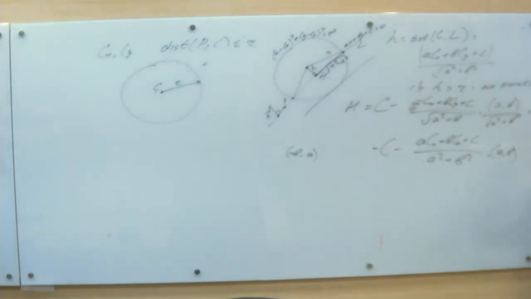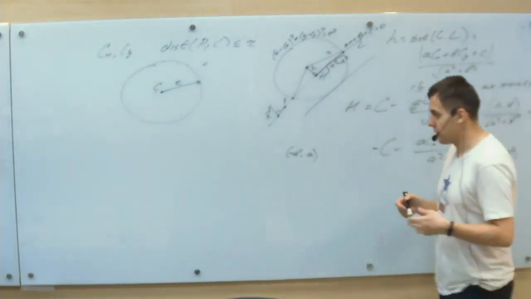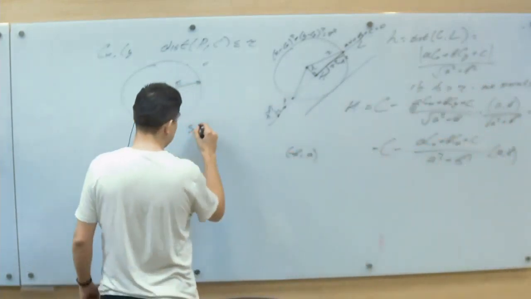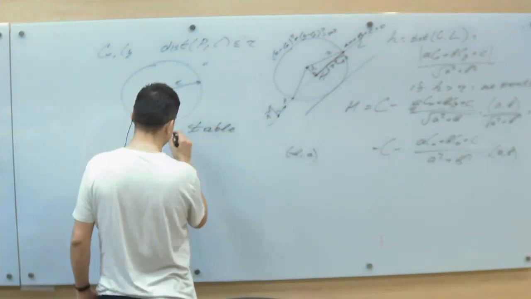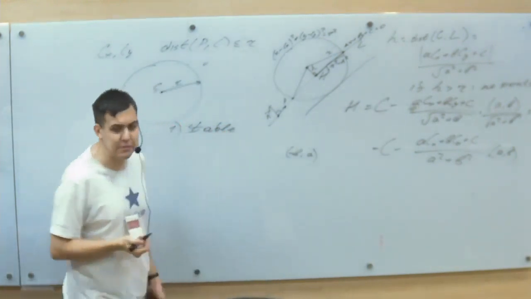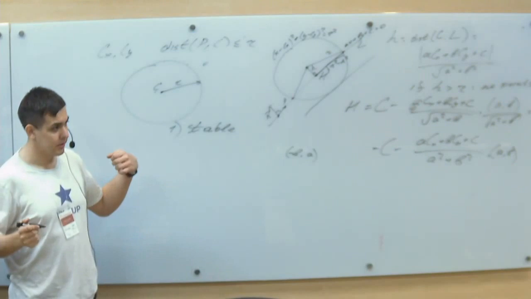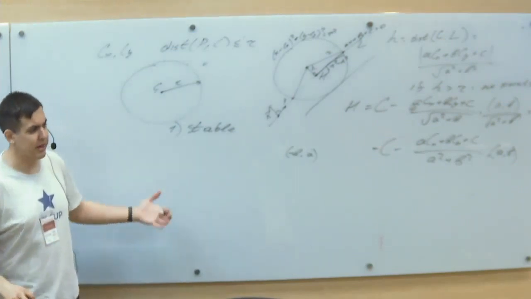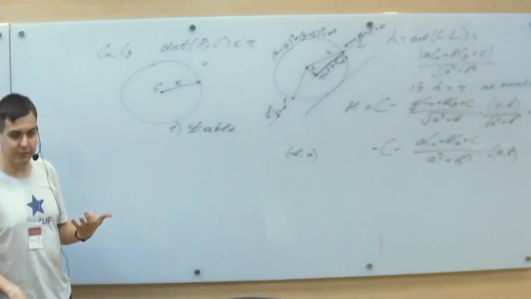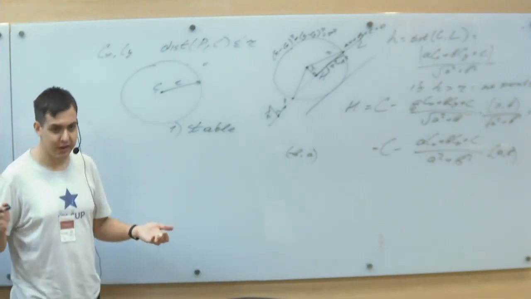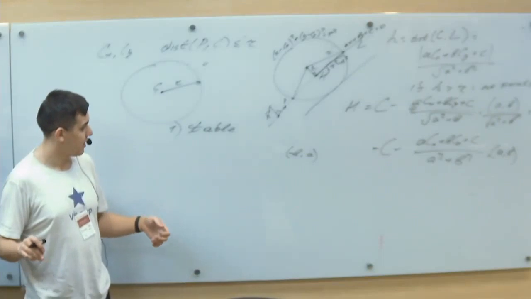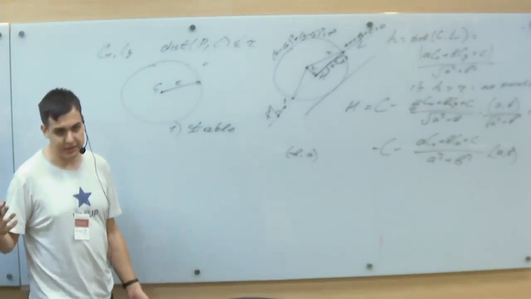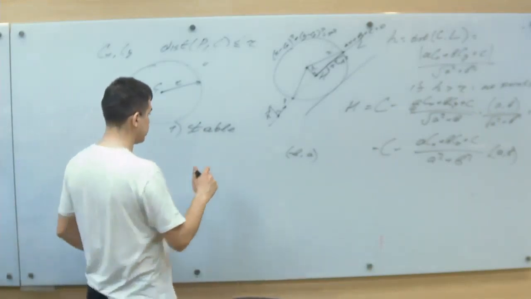So there are two kinds of problems. They are called stable and unstable. So stable problems are the problems where usually you need to print some real number. So for example, print the area of the intersection of two polygons, or print the length of some segment inside the polygon. So this is stable.